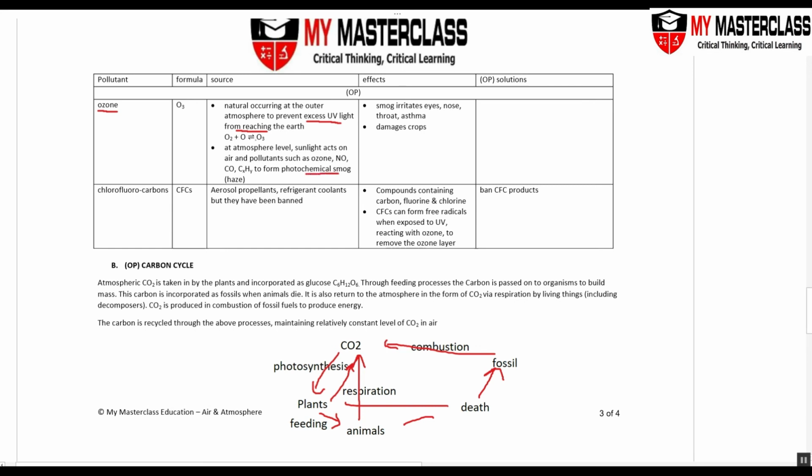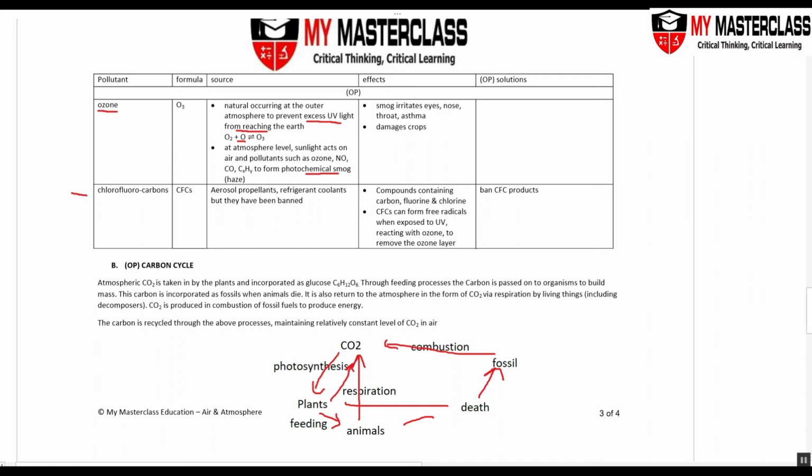So the ozone, if it somehow reaches the lower atmospheric level, will react with the sunlight and form O2 and an oxygen atom. So all these will trigger a reaction to form your photochemical smoke. Okay, so same effect, smoke will then irritate your ENT, as well as damage crops.